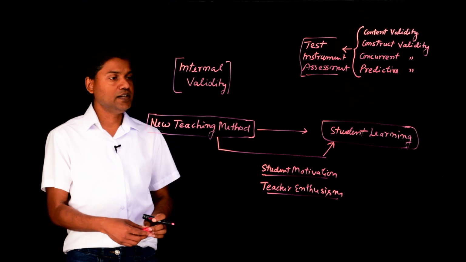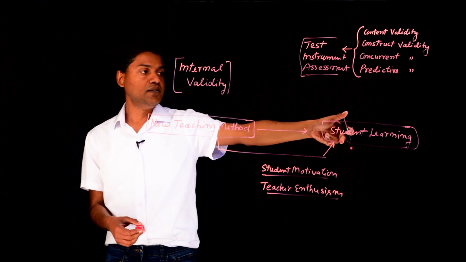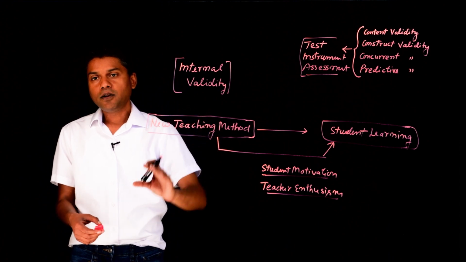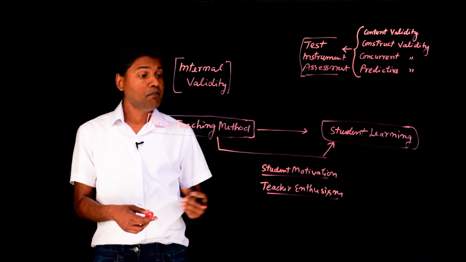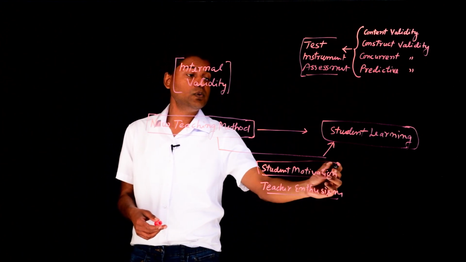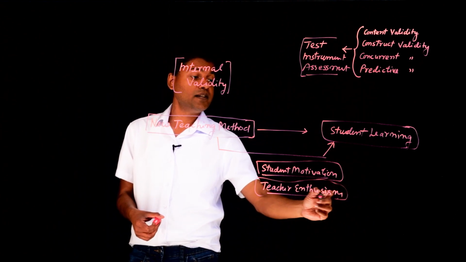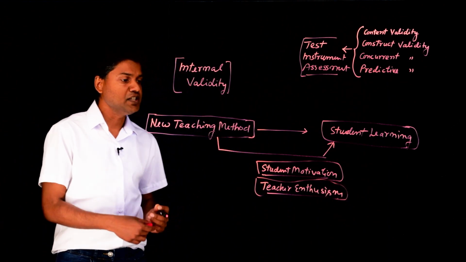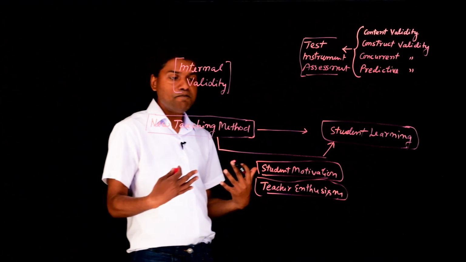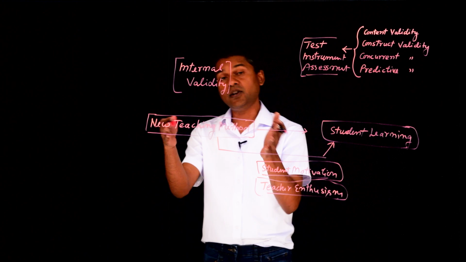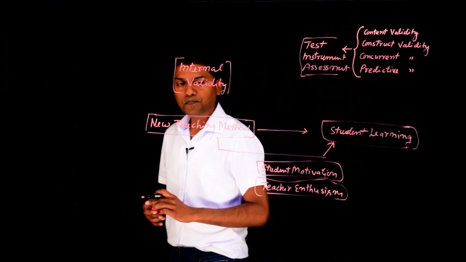Now the question is whether the improvement in student learning is caused by this new teaching method, or maybe some other variable. Maybe it's happening because of the students' high level of motivation. Maybe the teacher who is using this new teaching method, his enthusiastic teaching style, is bringing the change rather than this new teaching method.